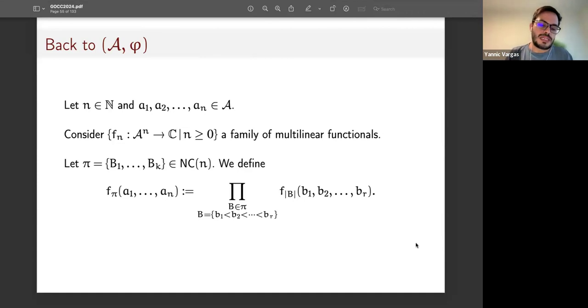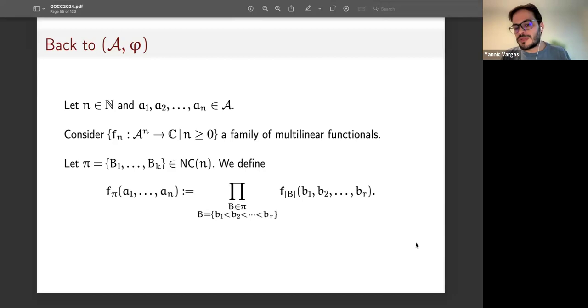We would like to have analogues of cumulants in those non-commutative settings which are nice in the sense that, as in classical probability, they are easier to handle in calculations: they are additive, they write nicely in terms of moments, and those kinds of properties we want to have also for this non-commutative independence relation.